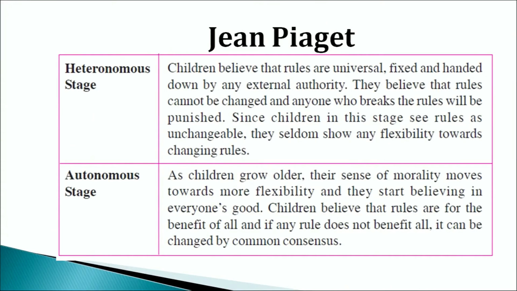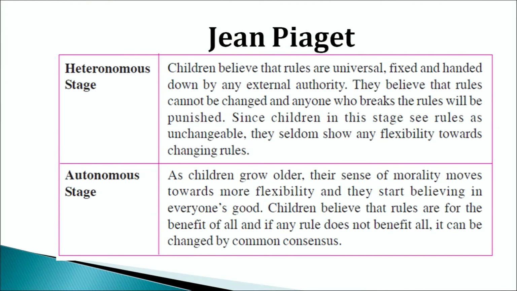What happens in the heteronomous stage? Children believe that whatever rules are there, they are universal and they cannot be changed, and that some external authority has made those rules. That is heteronomy. They believe that rules cannot be changed and anyone who is breaking the rules will be punished for it.